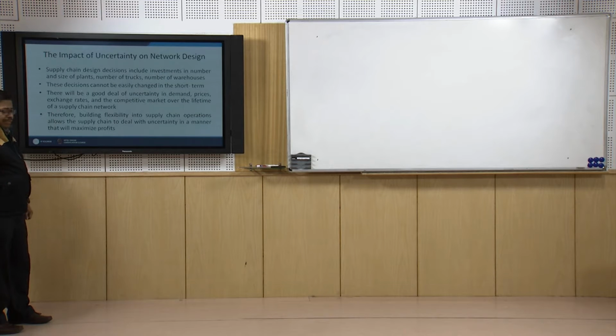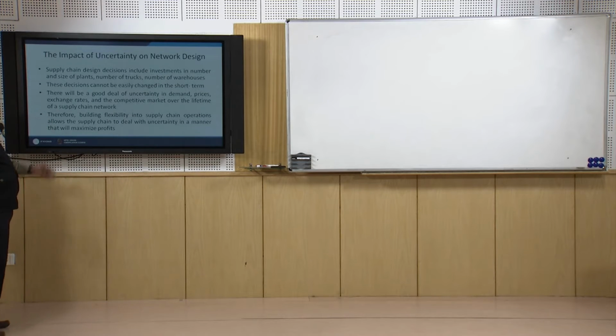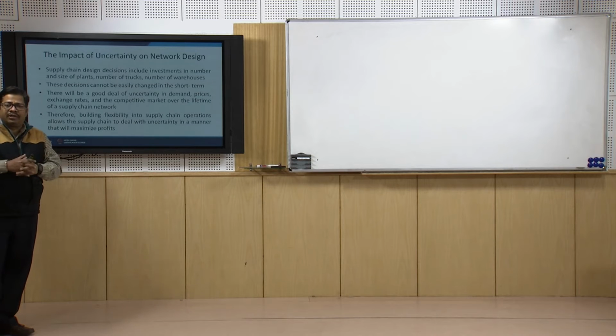Then another important point is there will be a good deal of uncertainty in demand. Demand increases, decreases. You talk of the demand of these air filters which we wear, like masks.